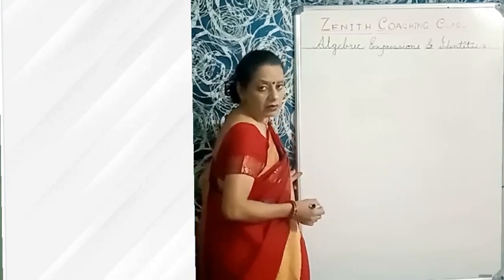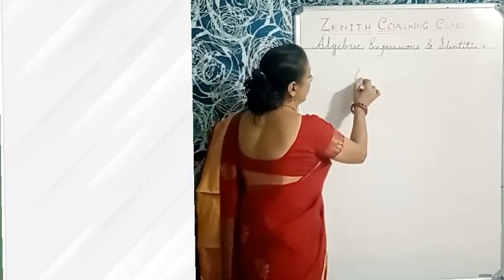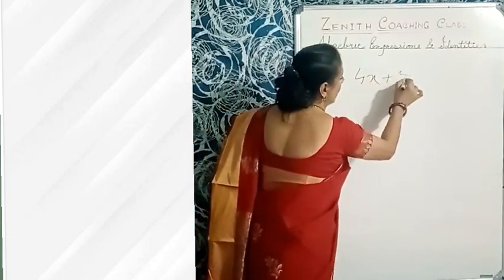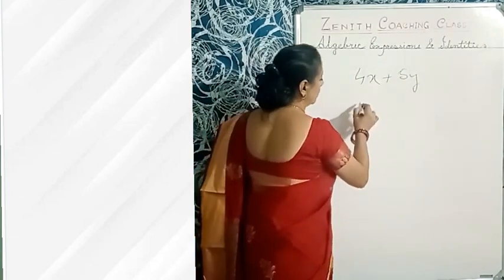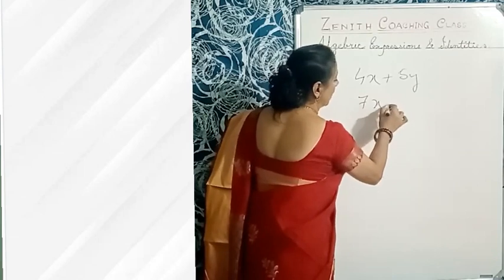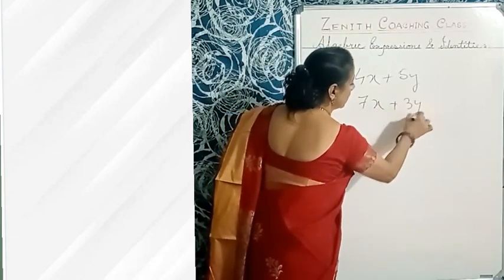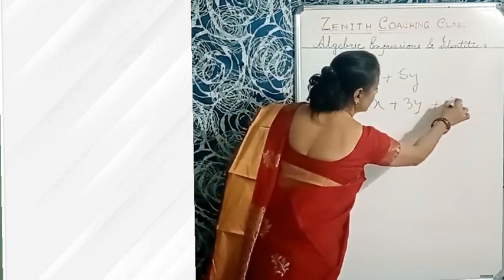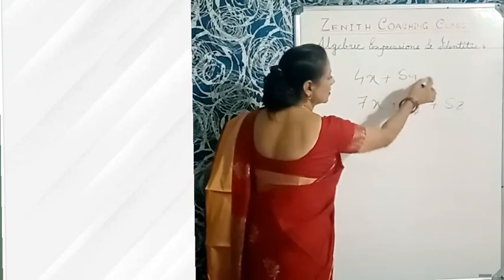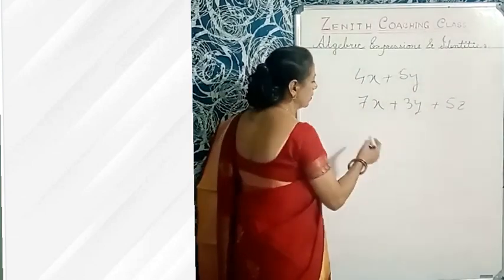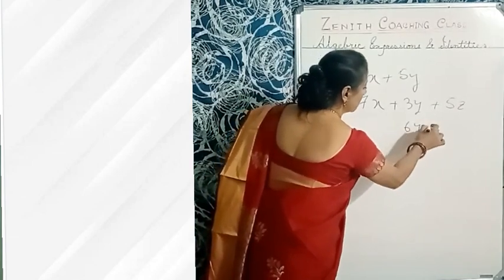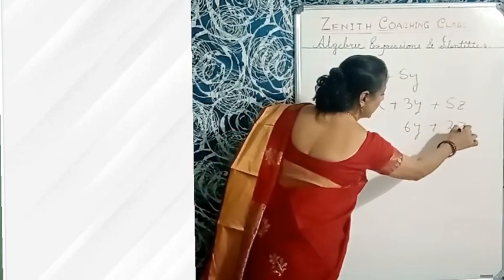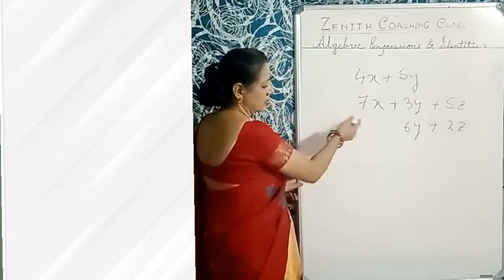You know addition. So the addition is 4x plus 5y. Then 7x plus 3y plus 5z. Here is no z, so nothing. Then 6y plus 2z. Here there is no x.